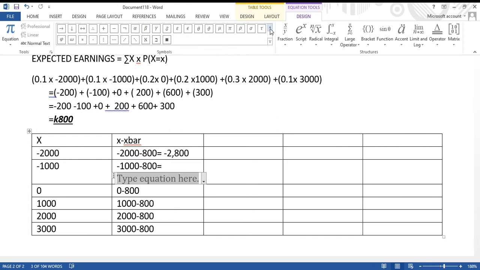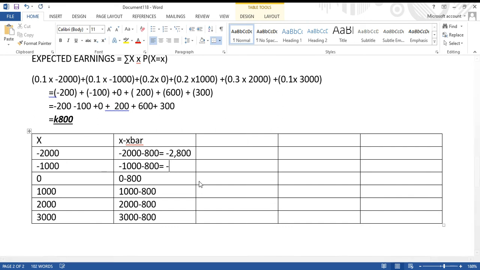Here we're supposed to get negative 1,800. 0 minus 800, negative 800. 1,000 minus 800, 200. 2,000 minus 800, 1,200. 3,000 minus 800, 2,200.